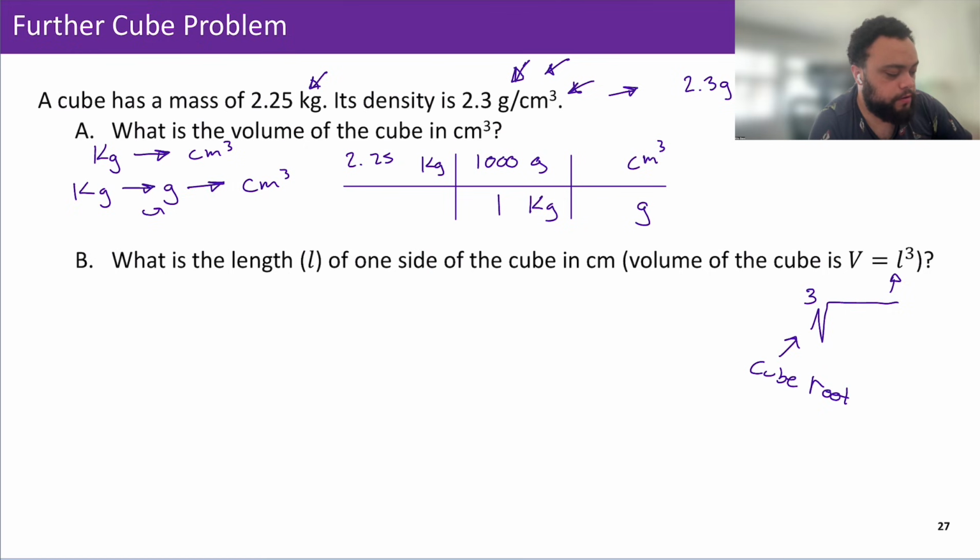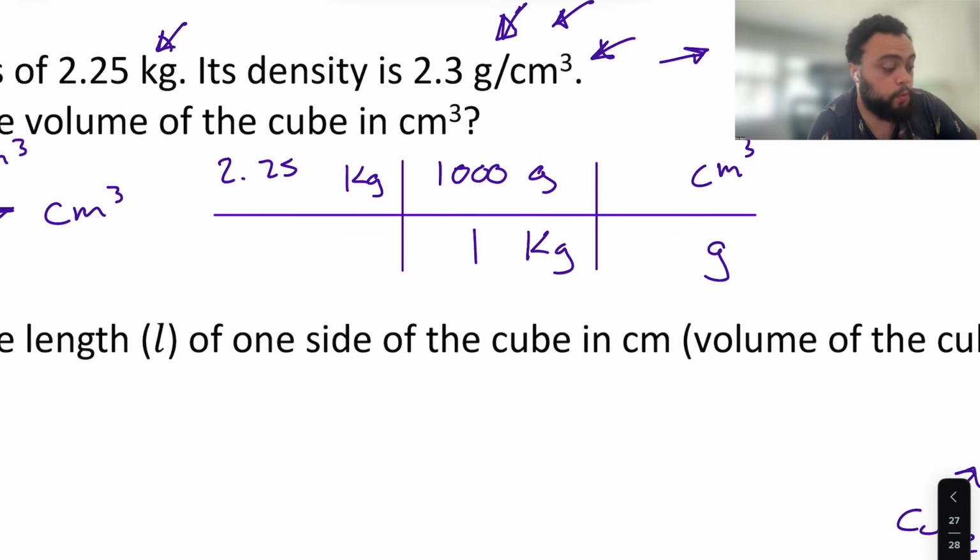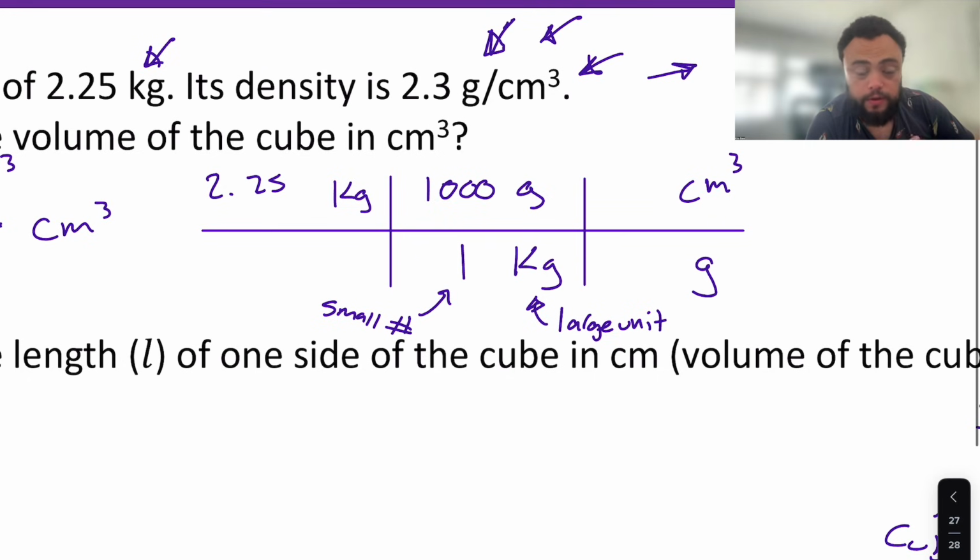If you're ever confused about what goes where, the large unit, so kg is a larger unit, is always going to go with the smaller number. And vice versa. The small unit, grams, is always going to go with the large number.